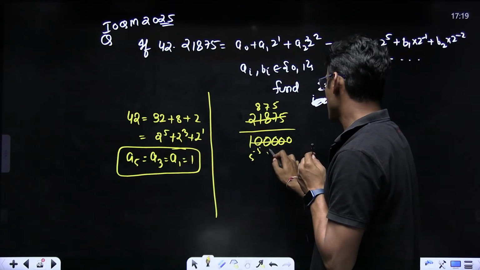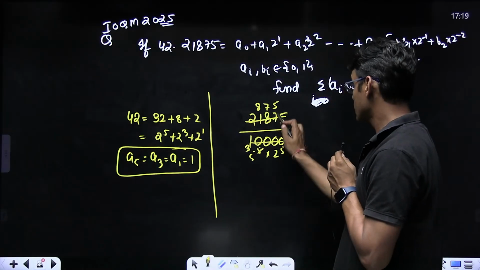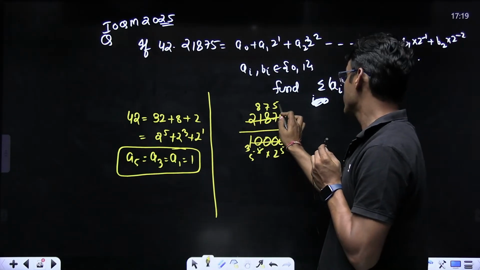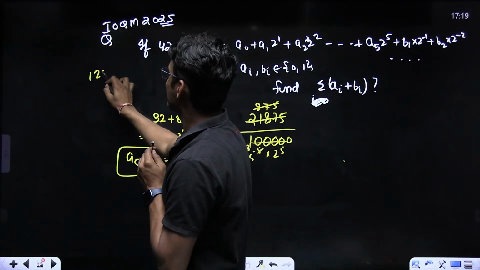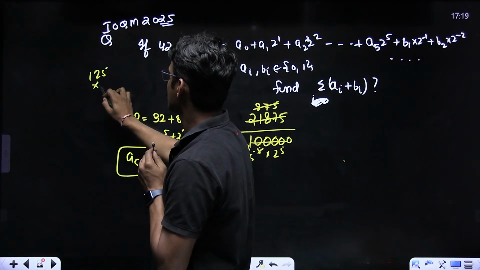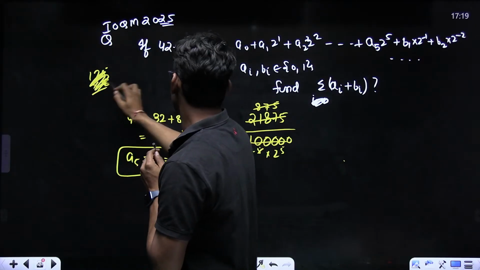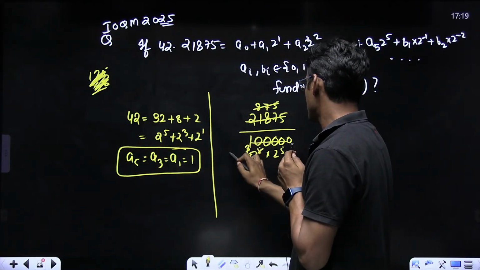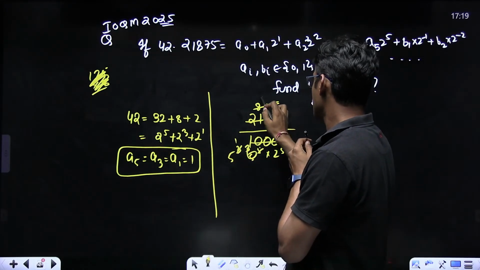This was 5 to the power 5 into 2 to the power 5. So I have cut two powers. It is again divisible by 25. In fact, it is divisible by 125 times 7. 5 to the power 3, so 5 to the power 1. 35.